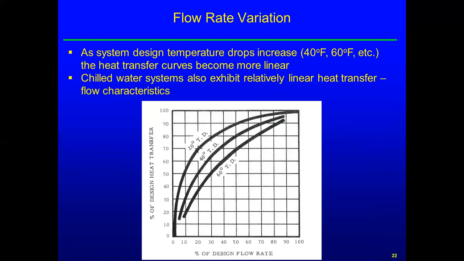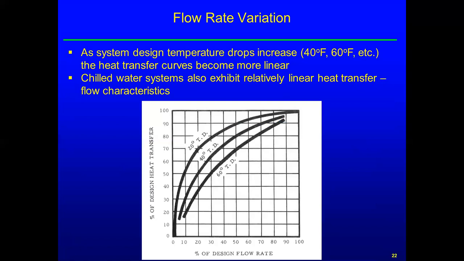Flow rate variation. What we see here is the design curves for 3 different delta T coil systems. And you see as the design delta T increases, the performance on the curve becomes more linear. That can be a good thing for controllability. You just have to select the valve characteristics to match the coil characteristics to give you some sort of reasonable overall control curve.